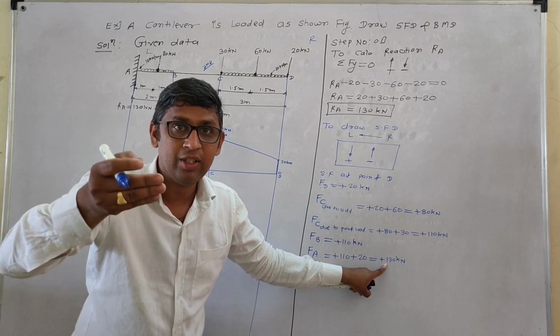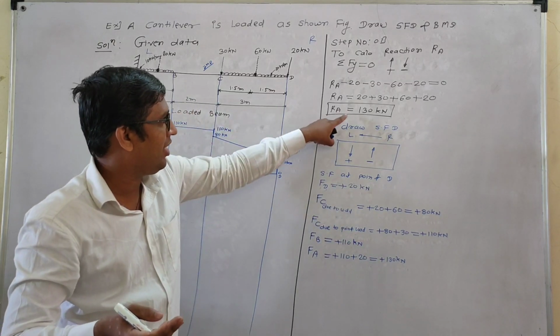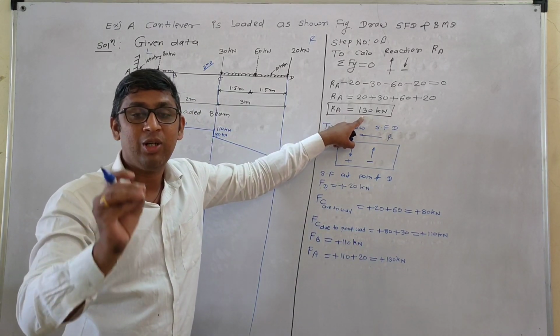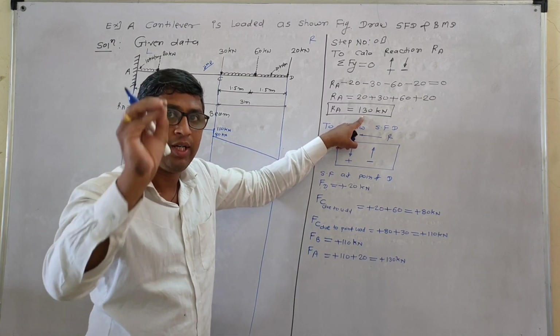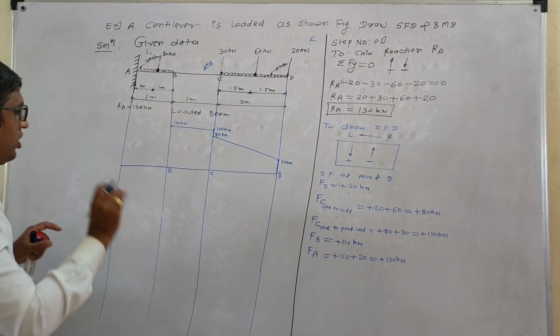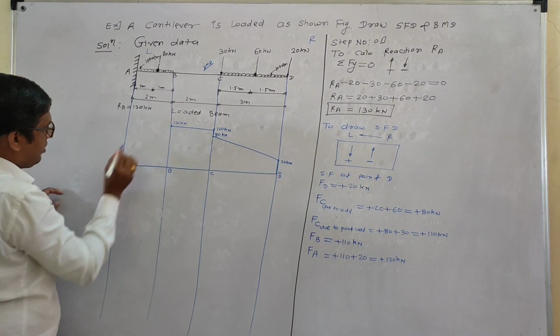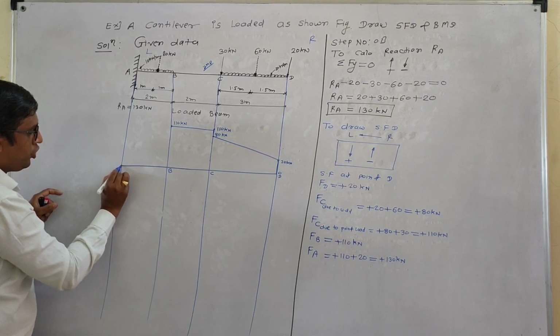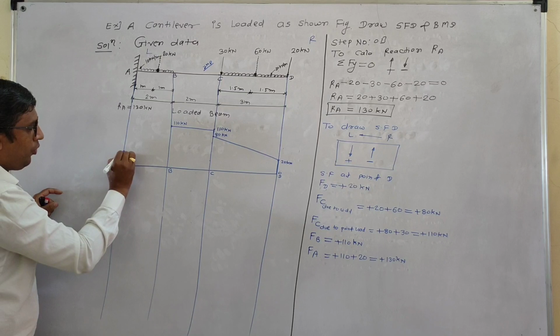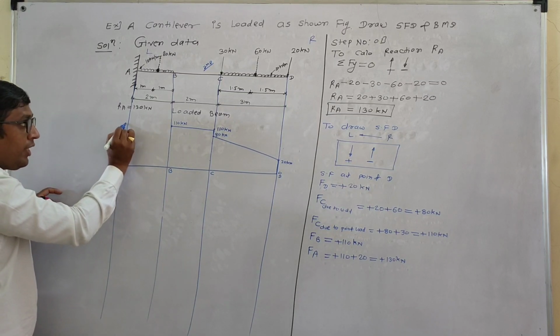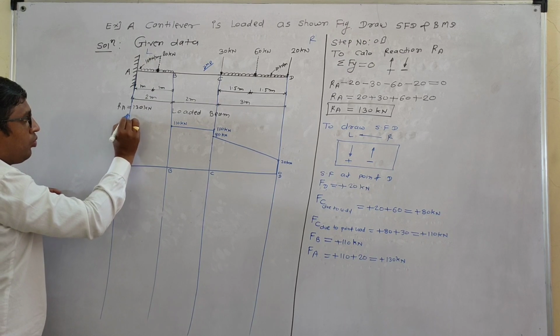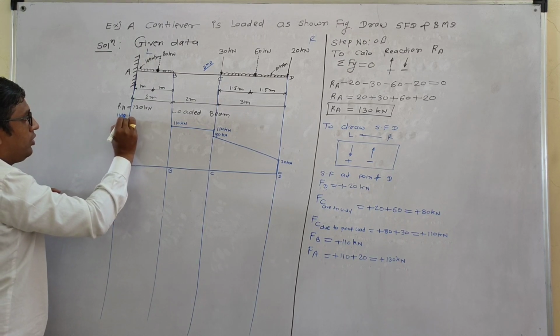Now how to check these reactions? Again 130 means our shear force diagram is correct. Means at point A force is 130. This again at point A 0, 10, 20, 30. This is 110. That 110 above the 130 kilonewtons.